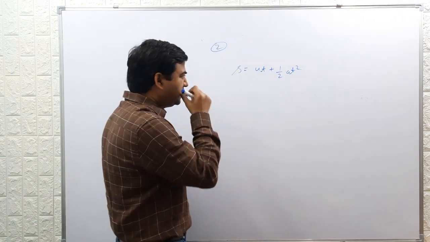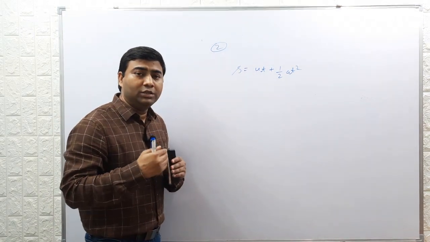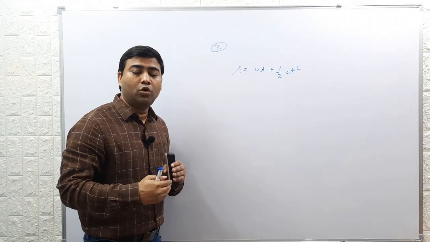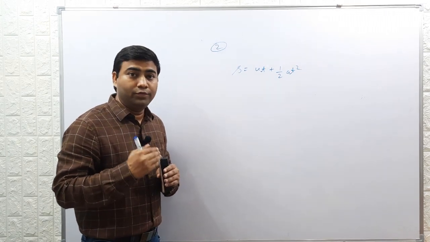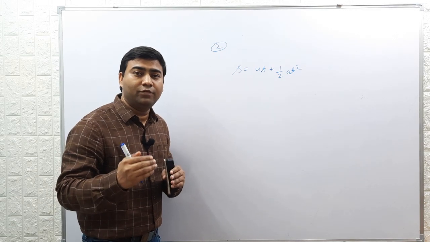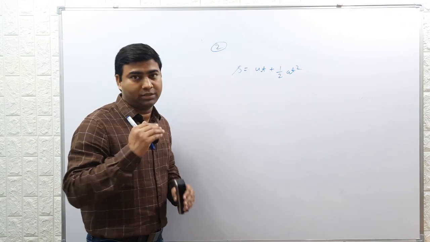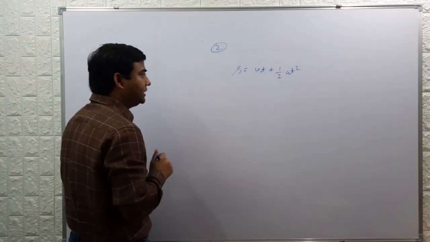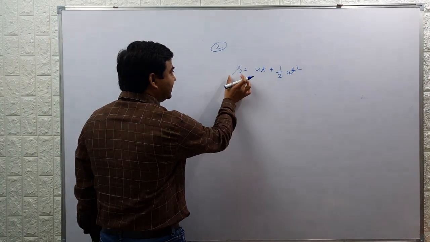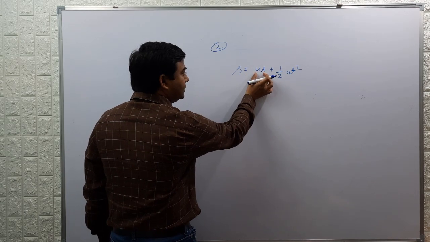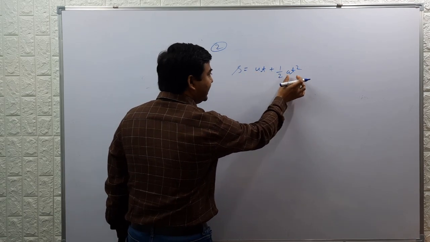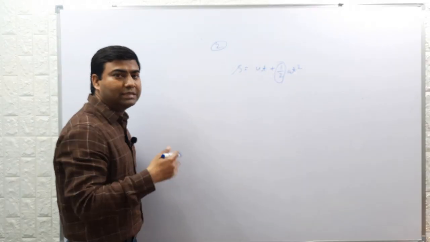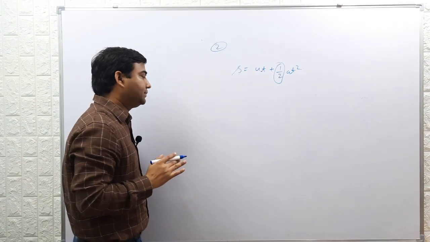Here, the principle of homogeneity says that only those physical quantities can be equated, added or subtracted which have the same dimensional formula or the same unit. So according to the principle of homogeneity, S is equated with ut and ut is added with half at square. But from a dimensional point of view, half is a constant, it doesn't matter.